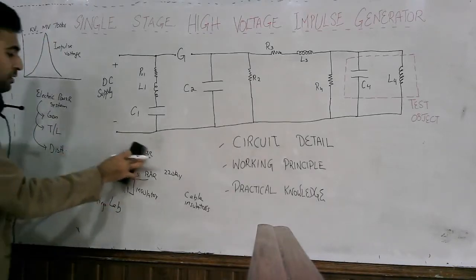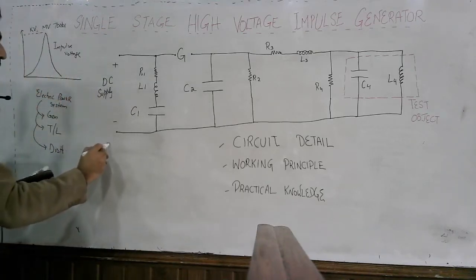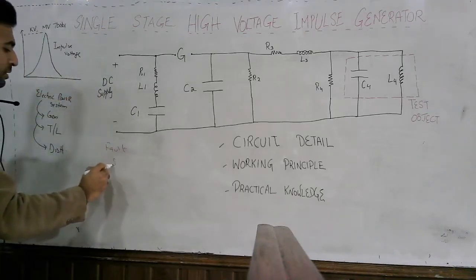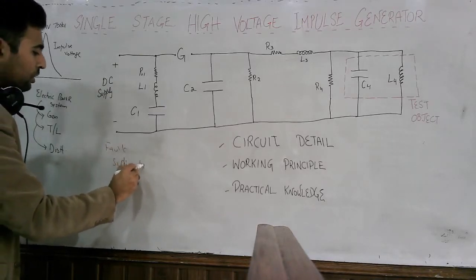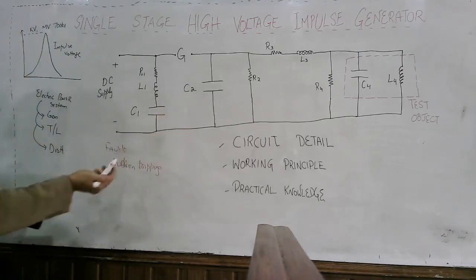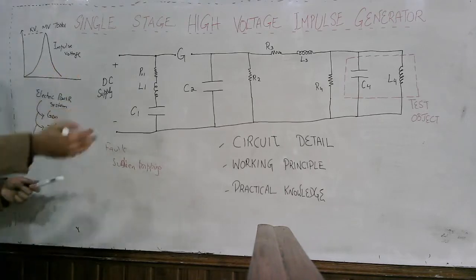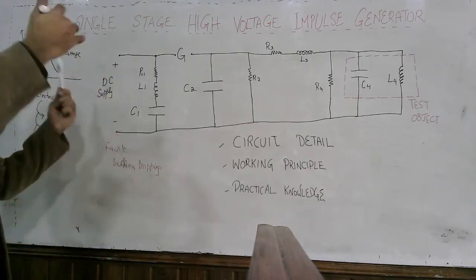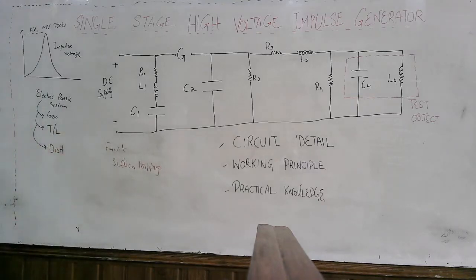Let's say due to some fault or sudden tripping of the load, or you remove a load, you turn on or turn off a heavy load on the power system. As a result of the energy stored in our inductive loads, we get impulse voltages in our transmission line conductors.